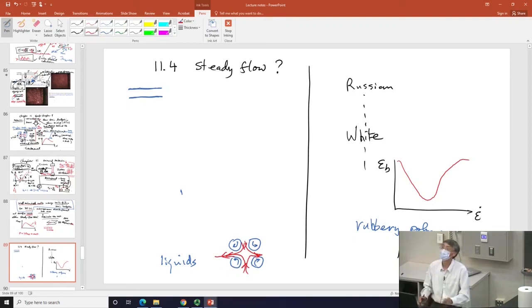And even simpler, you can have a wall and just shoot your liquid onto the wall, and that tends to give you a shear extension, okay?